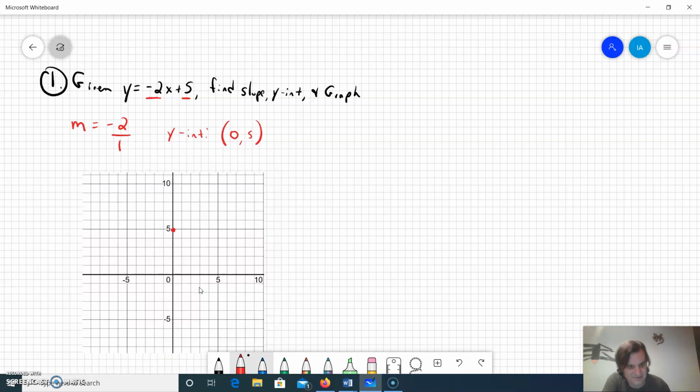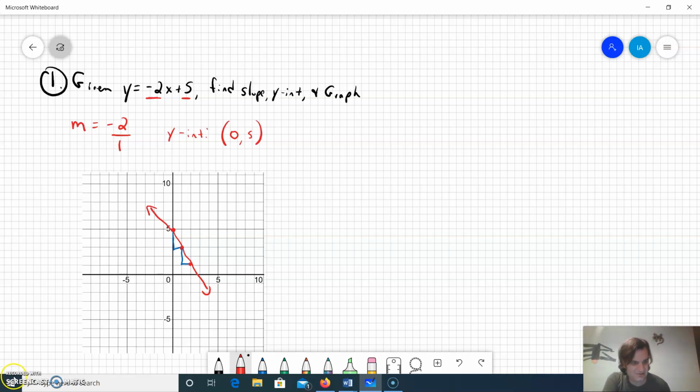And we go down 2 and over 1 to give us another point. So our graph will look something like this. And remember, I'm freehanding just like you are, so it may not be perfect. So that's how we get number 1.